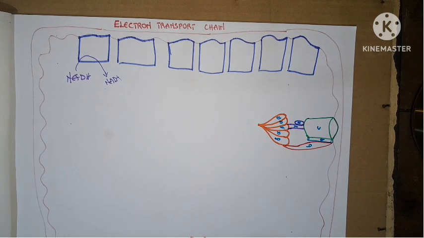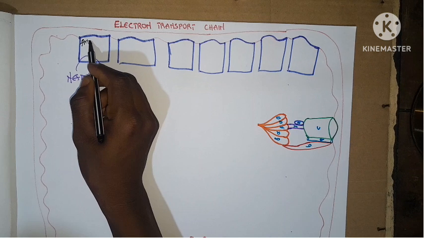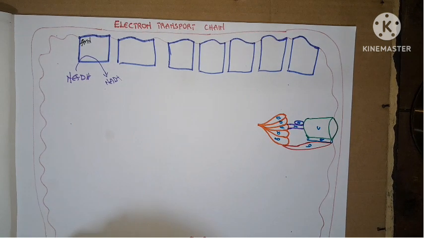And what is going to happen is that there is a flavin mononucleotide, FMN.